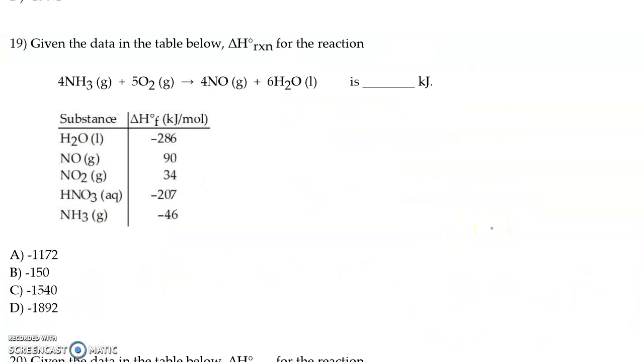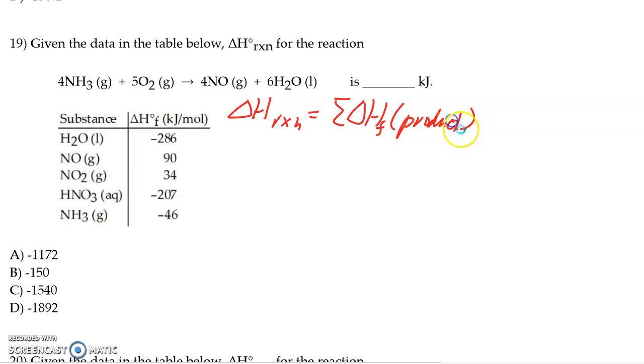Okay, let's look at another sample. Let's work on another problem. Number 19. Given the data in the table below, delta H for the reaction will be equal to what? Okay, let's use Hess's law, the second part. That means delta H for the reaction will be equal to the sum of the enthalpy of formation of the products minus the sum of enthalpy of formation of the reactants.